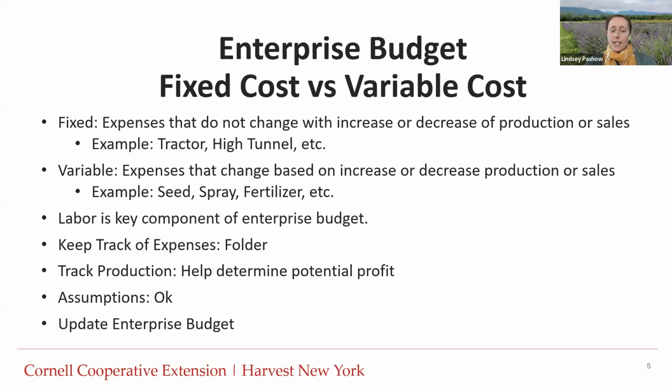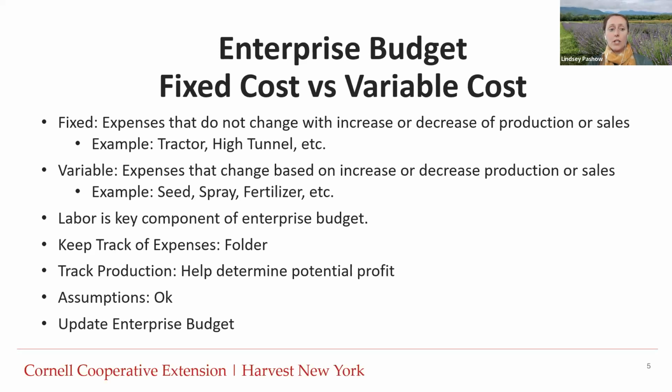I do want to stress that it is okay to make assumptions when creating an enterprise budget. It's important, like I said, to track your labor, but you might forget to track your labor for 1 week or for a couple weeks. So you could give an overall estimate of how much labor it takes for a certain task on the farm.